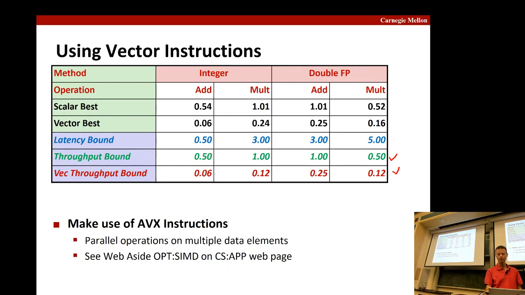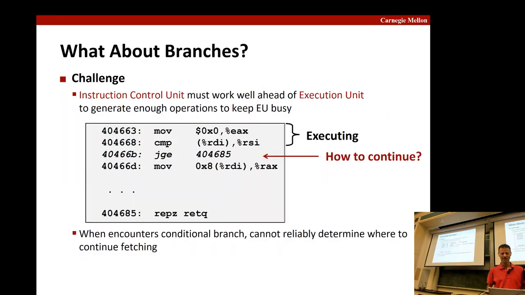You can get a throughput bound improvement of another factor of 8 here, because I can do these operations on 8 integers at once using these SIMD registers. So there are all sorts of tricks that can be played. Questions on that?